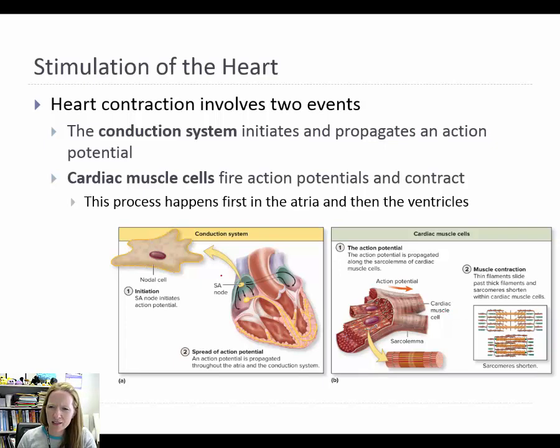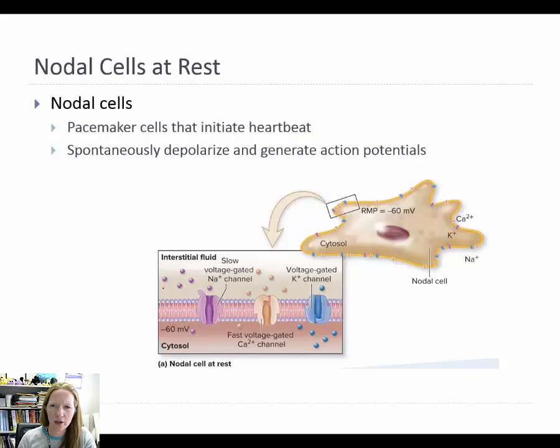So let's look at these nodal cells a little bit closer. They're not actual neurons, but they are neuron-like. They have channels and a resting membrane potential, but really that's the only thing that's similar to neurons.